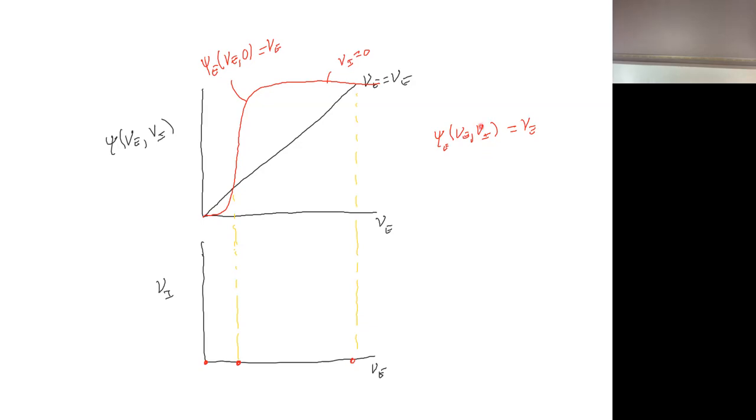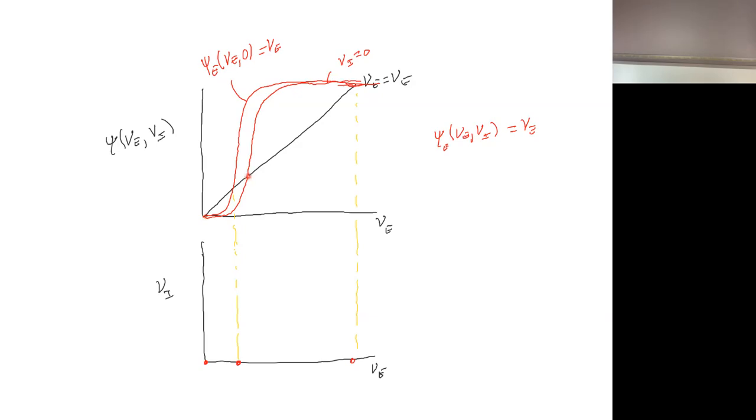To find another point, all we have to do is increase nu I, let's say to 1 hertz. And now when we do that, what happens? Basically, it just takes longer for the firing rate to go up. Okay, and we still have a firing rate at 0.